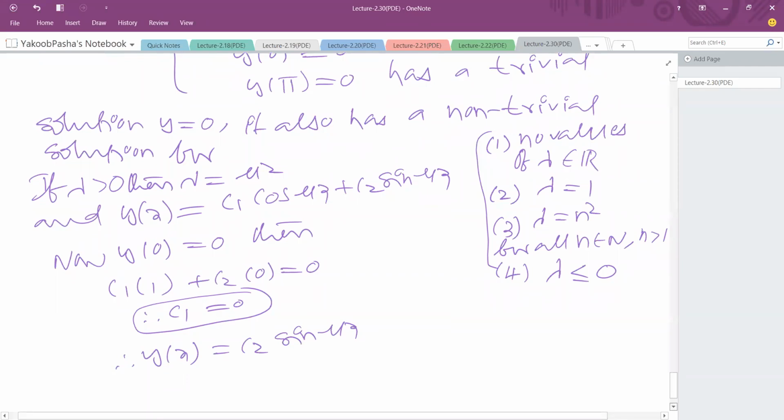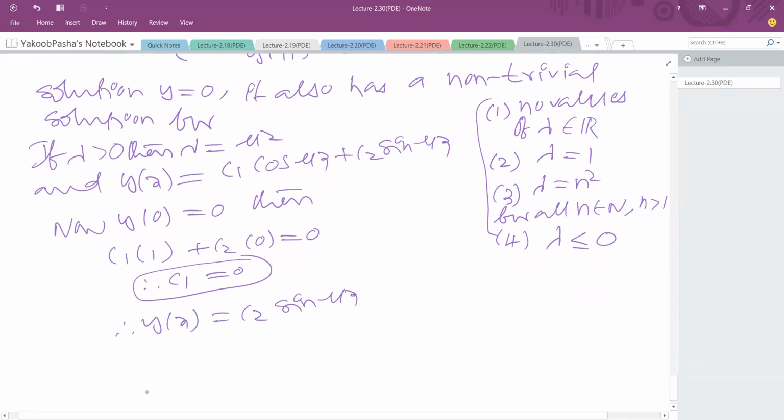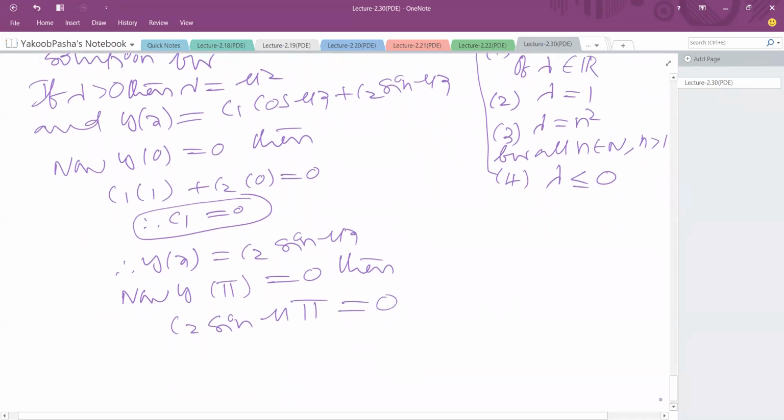Okay. Now apply the second boundary condition. Y of pi is equal to 0. In this case, we get C2 sin mu pi is equal to 0. We know that C2 is not equal to 0. That means mu pi is equal to n pi.